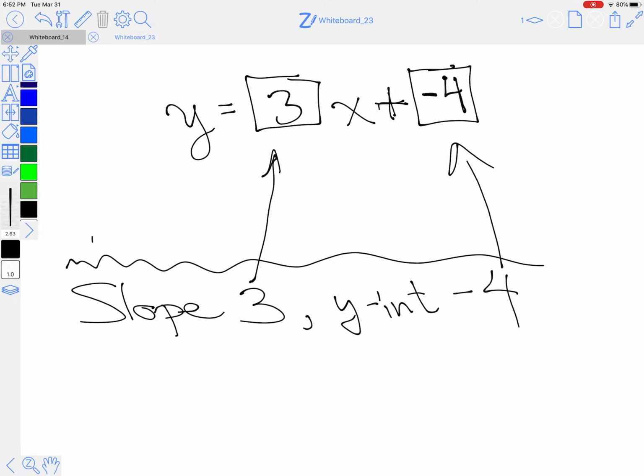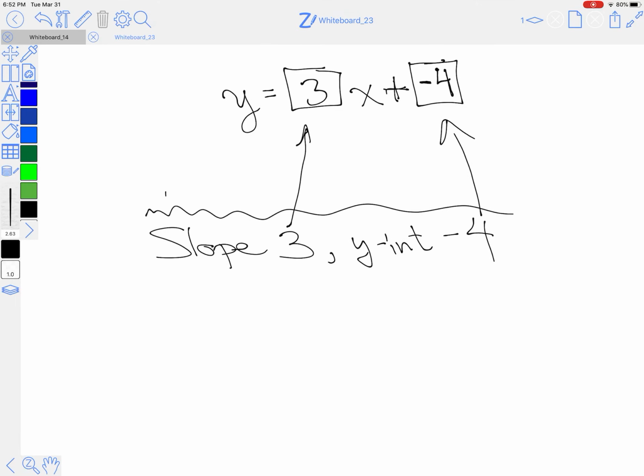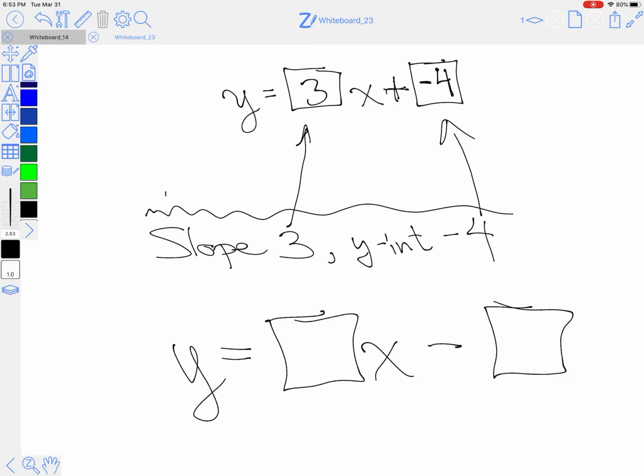Another way that you might see the same problem shown on IXL is, again, they'll have y equals blank x minus blank. Well, the first part is done the same. The slope is still a 3, so I'm just going to fill that 3 in. And now, because they already show me this negative sign here, I don't have to put the negative sign with the 4.